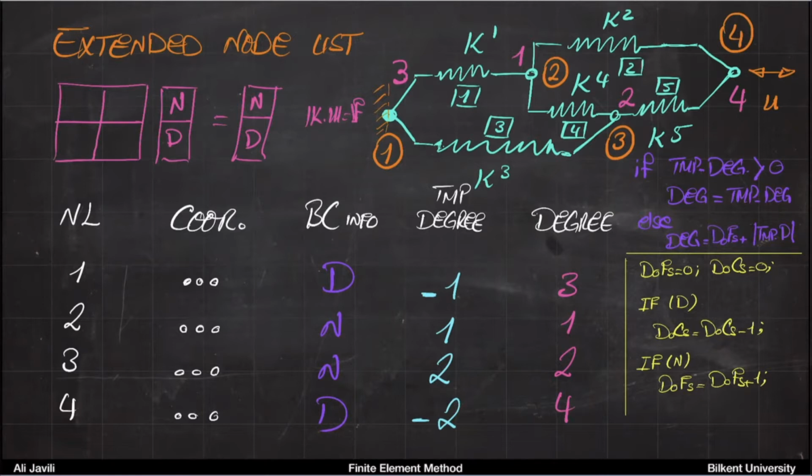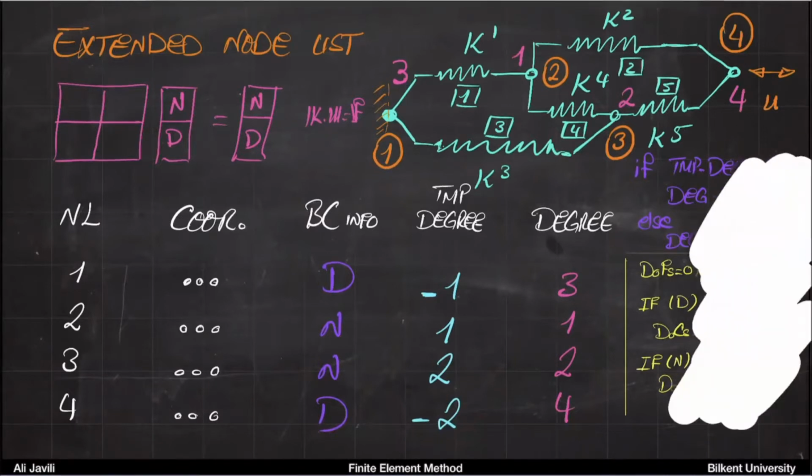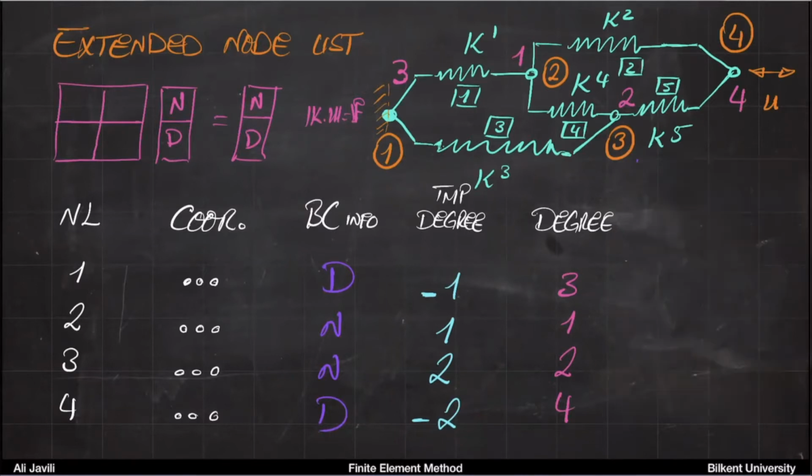So let's say if I just take the same system, and let me clean up this algorithmic approach. Also at each point or at each node, you want to know if you have displacements or forces, okay?